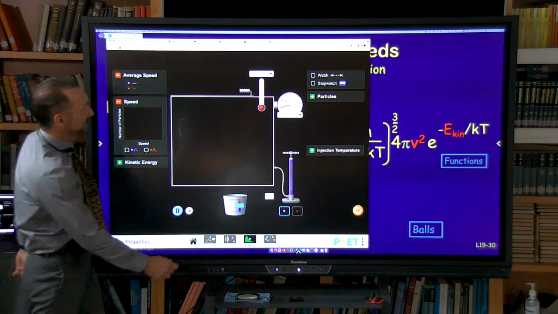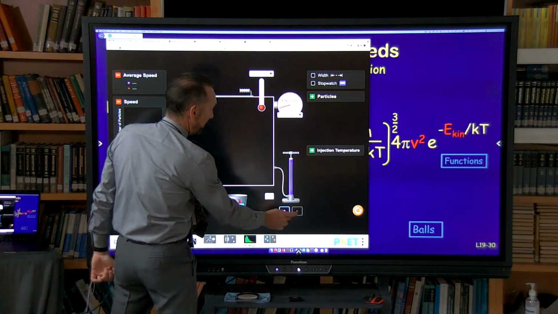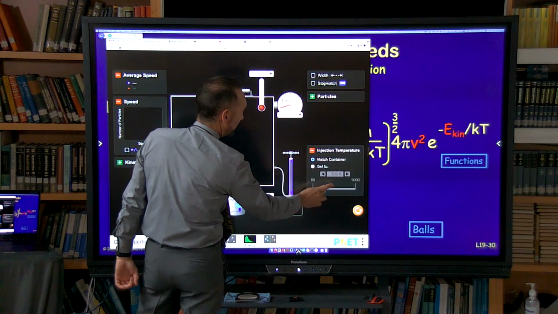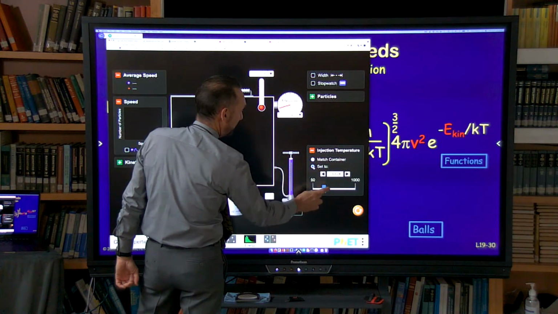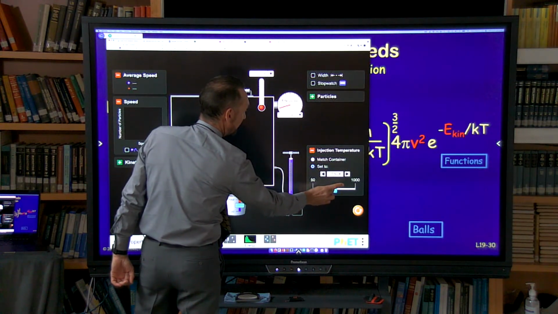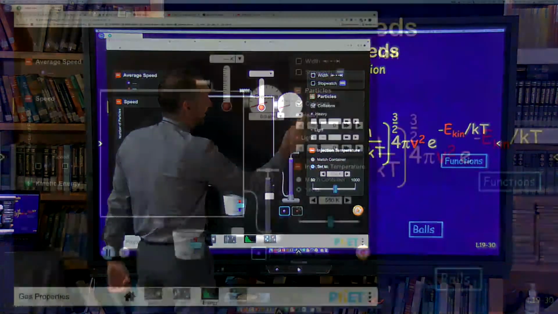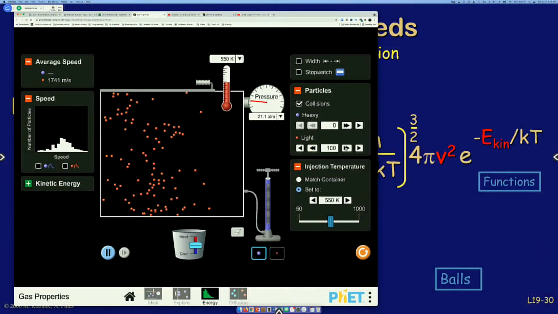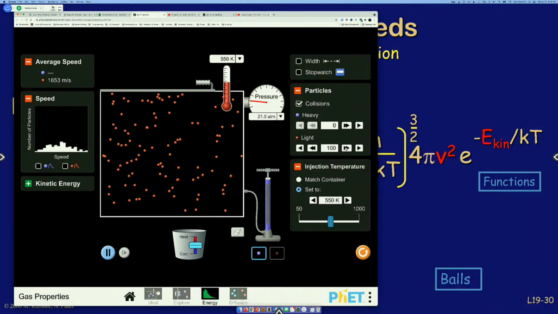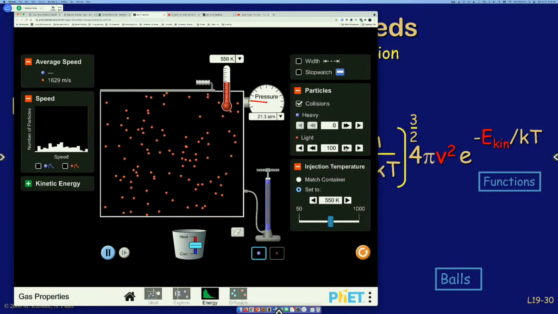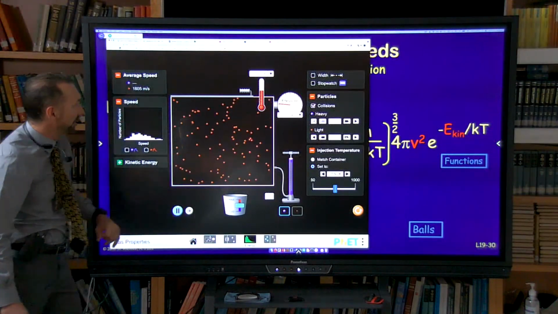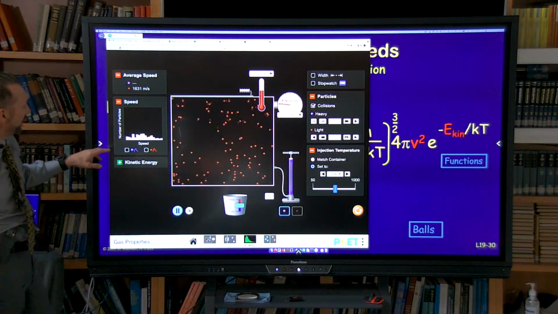Let's plot the energy. So let's squirt those particles in there again. Injection temperature, let's make it kind of hot, 550 K. I don't want to make the math too hard, I might crash the computer. So here I'm looking at the hot particles exerting 20 atmospheres.